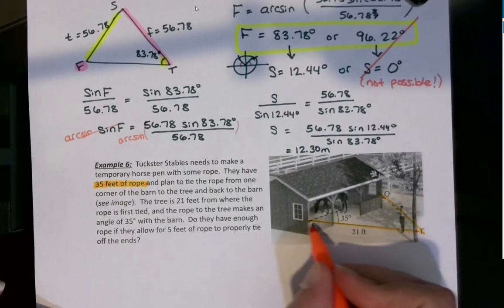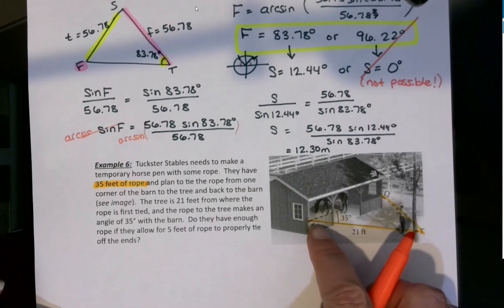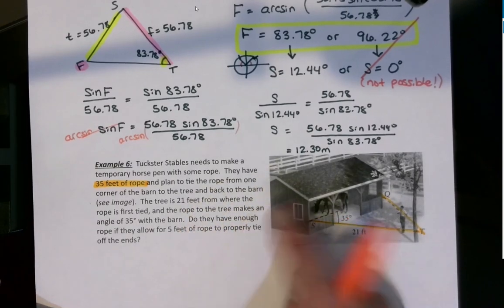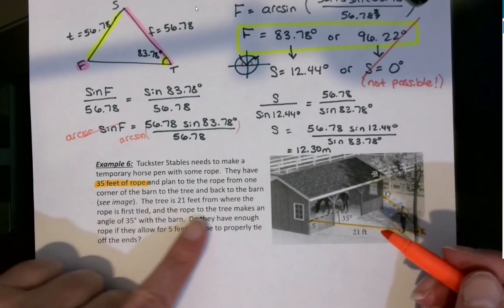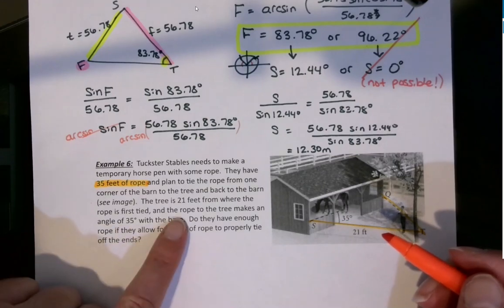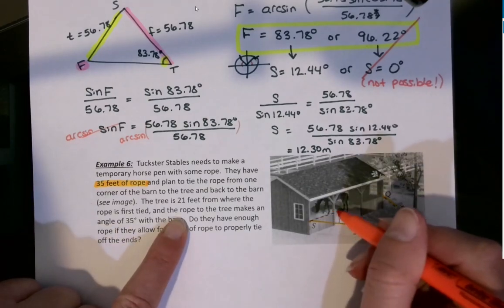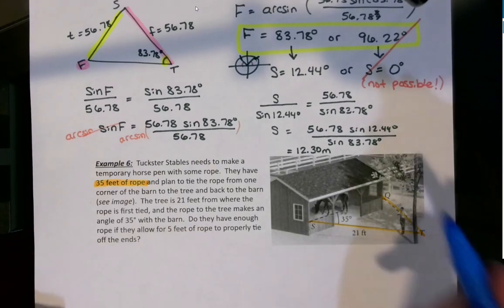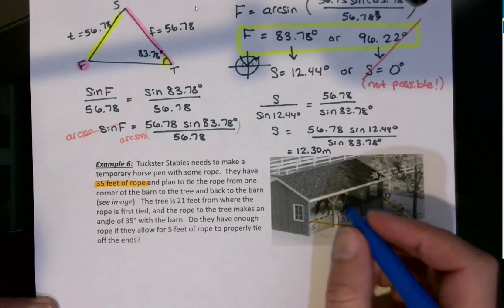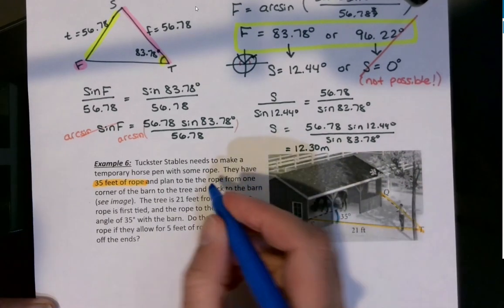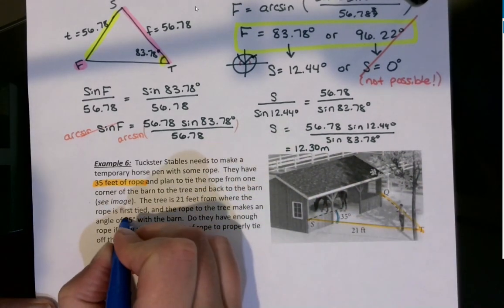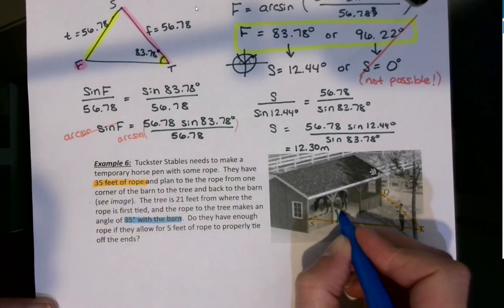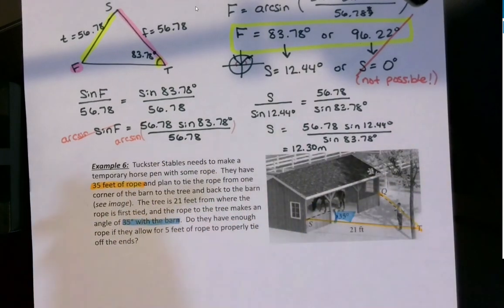The tree is 21 feet from where the rope is first tied, and the rope to the tree makes an angle here of 35 degrees with the barn. Okay, so do they have enough rope if they allow 5 feet to tie off the ends? So this is our angle here of 35 degrees. And we know our distance there is 21.